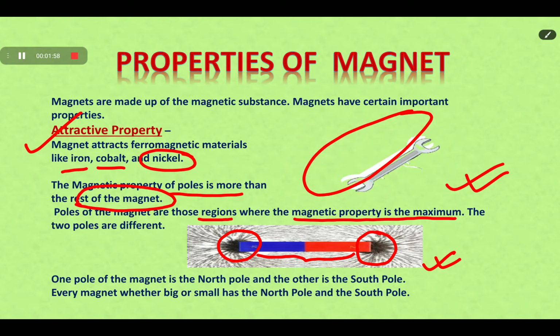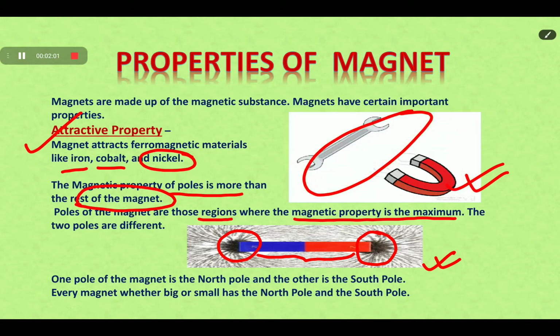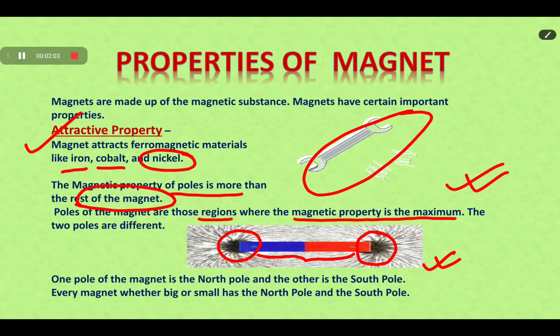So, we can say that every magnet, whether big or small, has two poles. First is the North Pole and second is the South Pole. So, these are some important terms related to the attractive property.